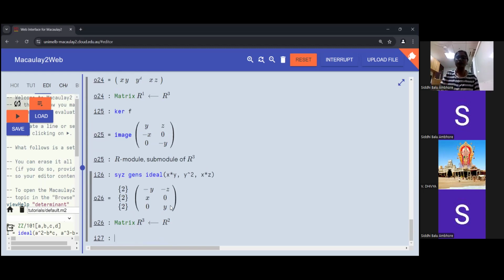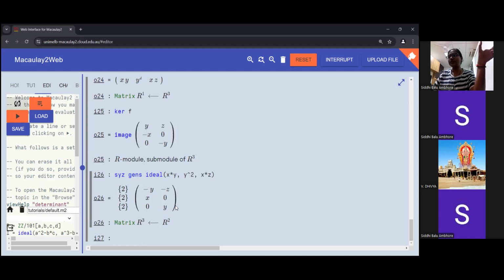The kernel epsilon which we were talking about is the same as obtaining the relation which we obtained here. This y e3 minus x z e1 and x e2 minus y e2 are actually the CGGs which we obtained for this ideal I. So CGG is an R linear combination.